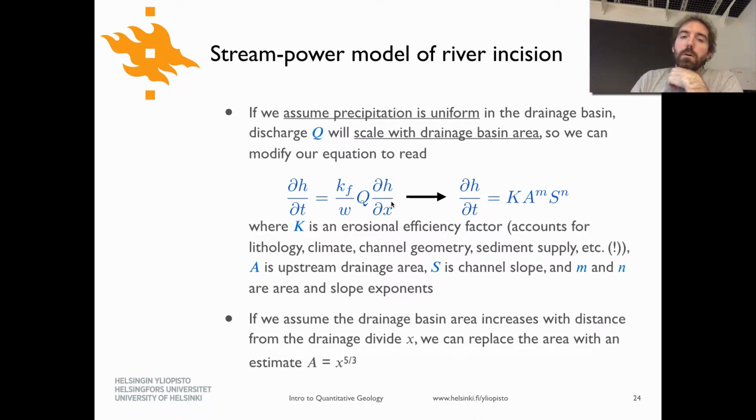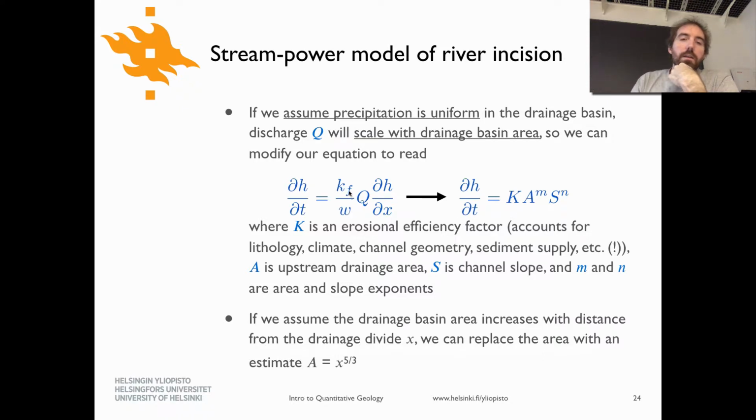So what happens more often than not is that in place of Q for the discharge, we just estimate that the discharge goes up in proportion to the area upstream of any point in the river. So if you're way downstream, the area upstream would be very big. If you're up at a high elevation, the area upstream would be pretty small, which means the discharge would also be pretty small at high elevation and big at low elevation.